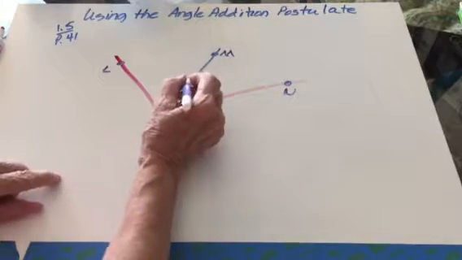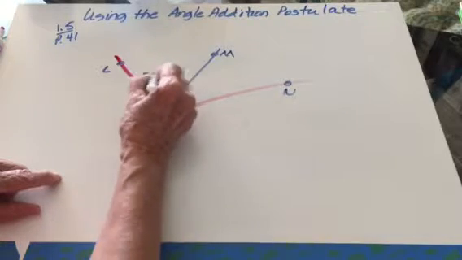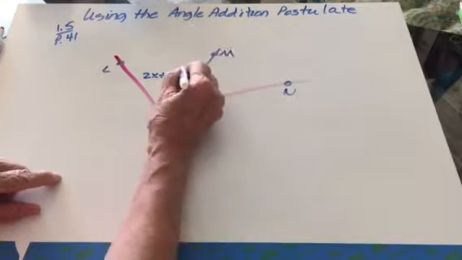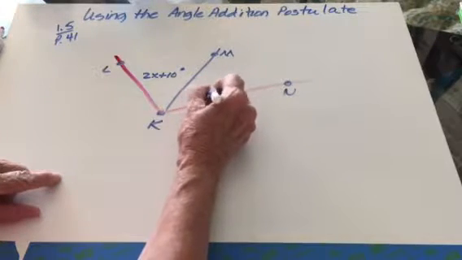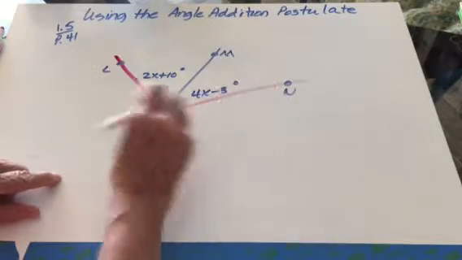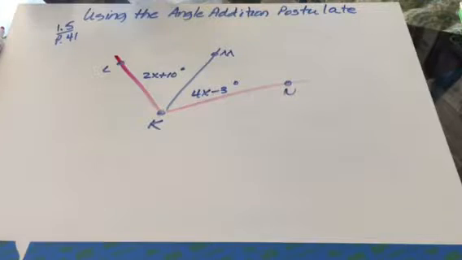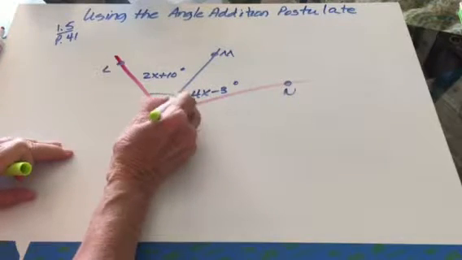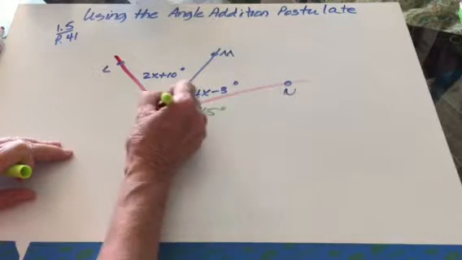All right, here's what we know. We know that this part of the angle is 2 times something plus 10. I don't know what degrees, though. And this is 4 times something, take away 3. Here's what I do know, however. I know that this whole angle equals 145 degrees.